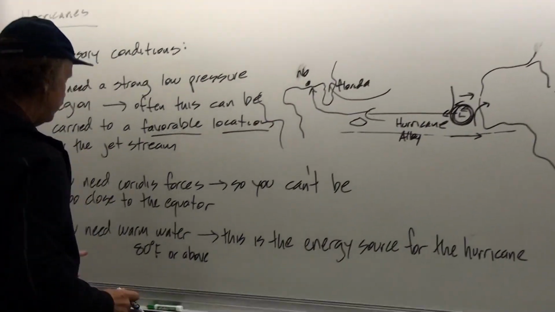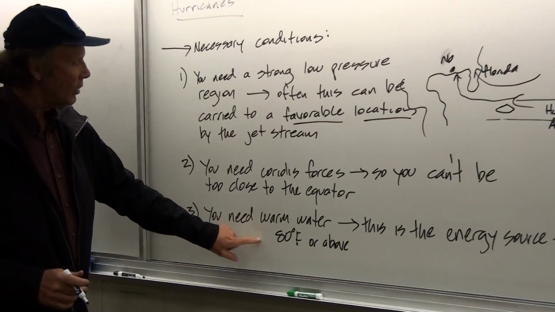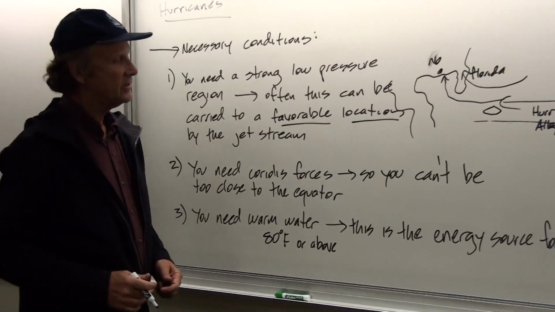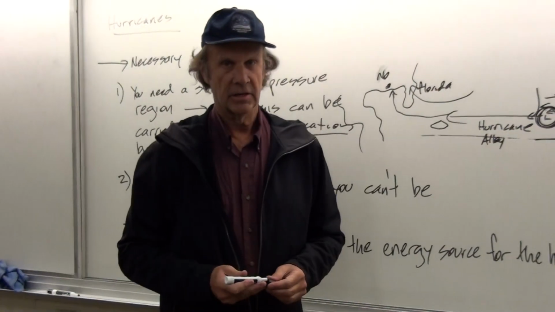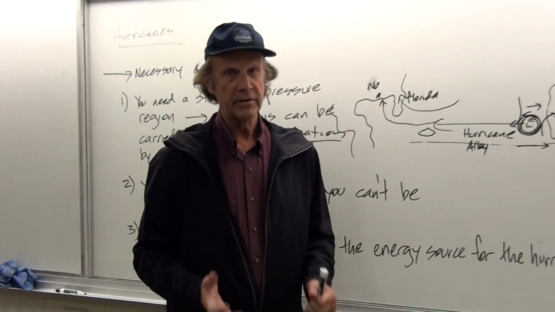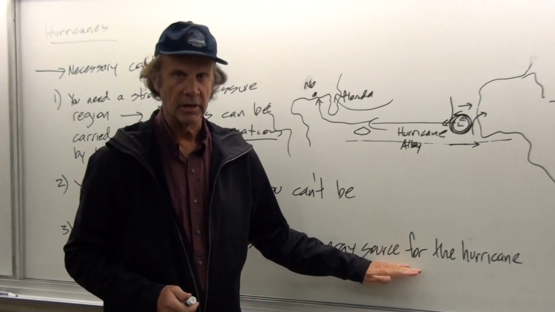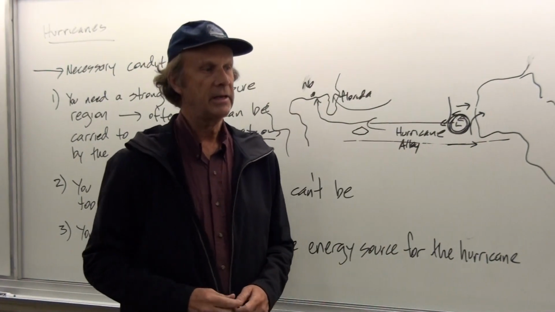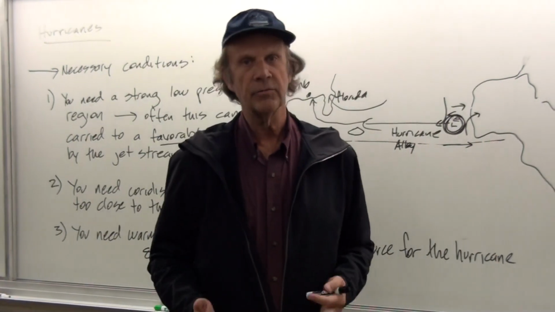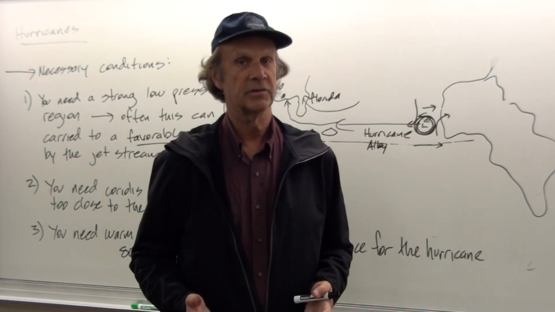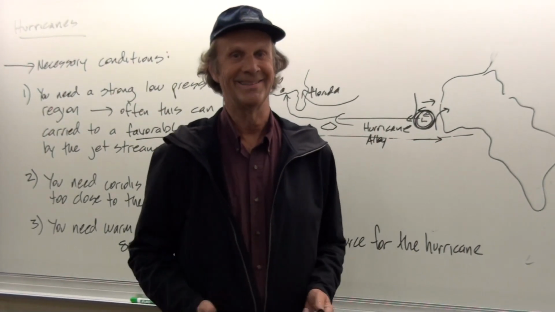Now, this problem, we should mention, can get worse as we have more global climate change, because the water temperature will get warmer. And since that's the main fuel for a hurricane, we could start getting what are called superstorms, supercanes, or hypercanes.